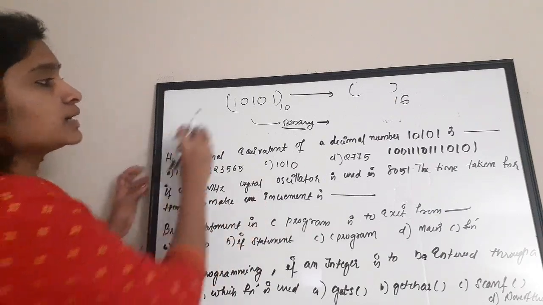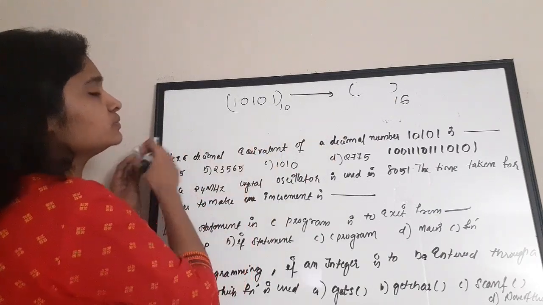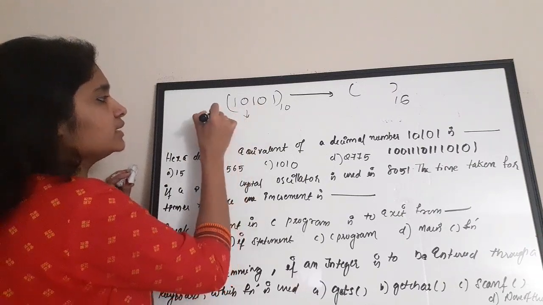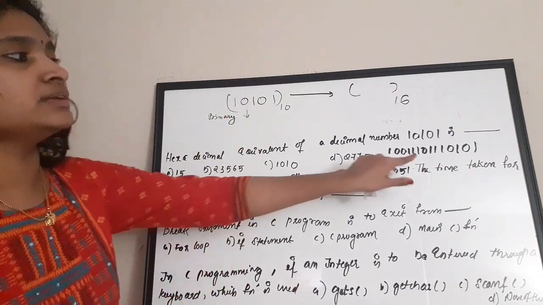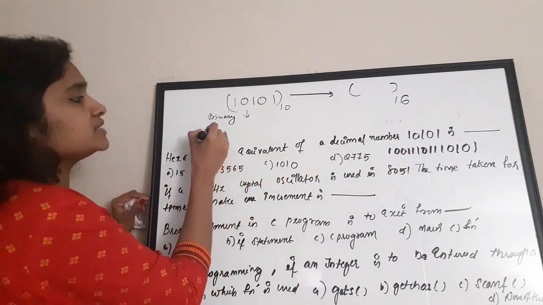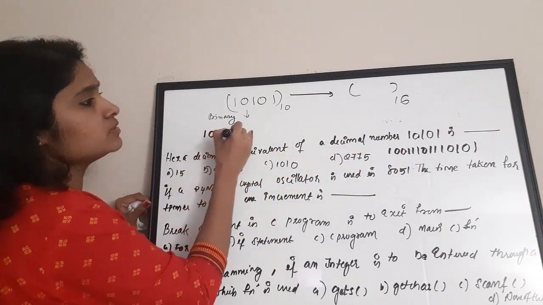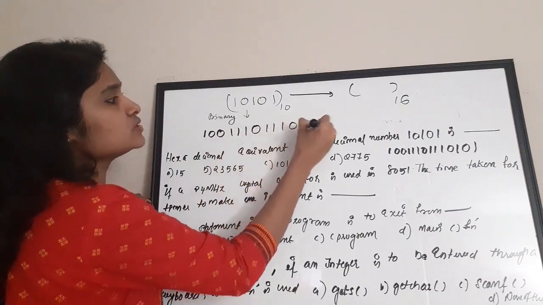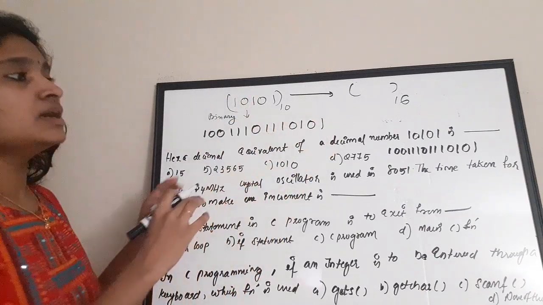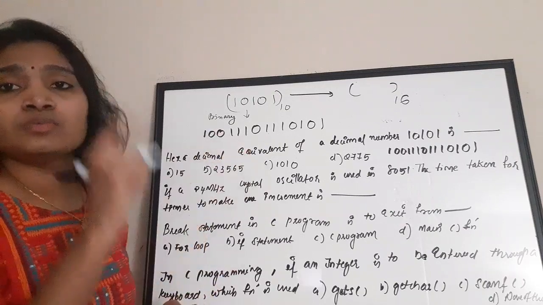The first step is conversion to binary. If you convert this number to binary, I have already written the answer here: 1001110111001. You divide this number by 2 until the value is equal to 1.